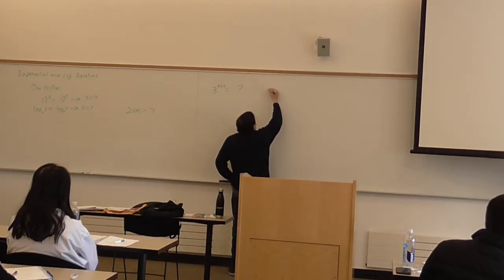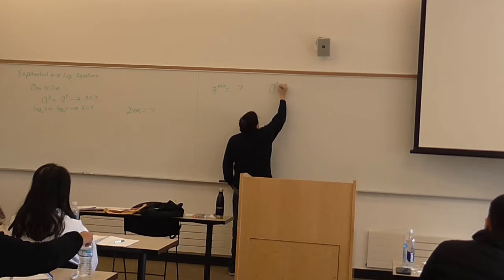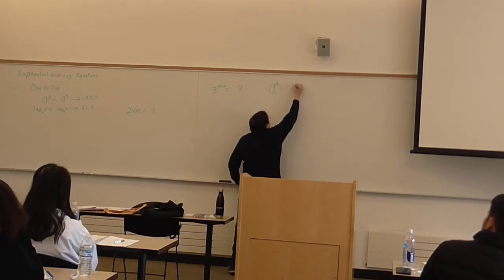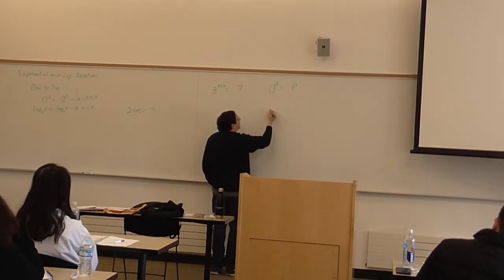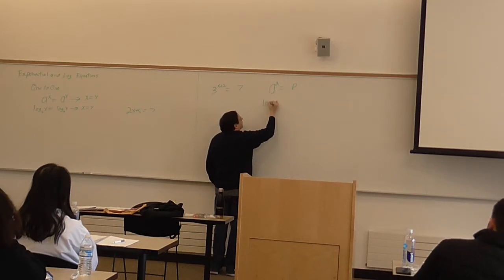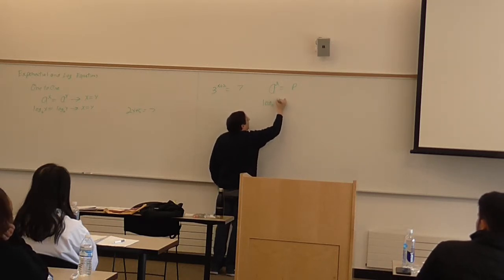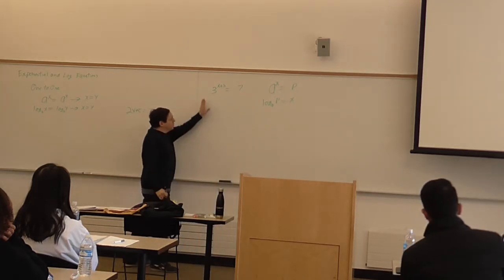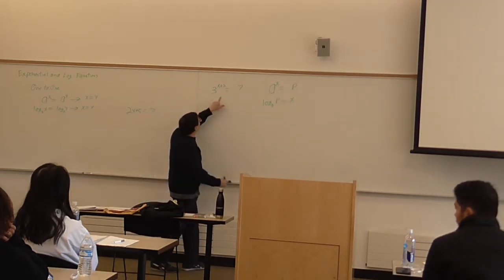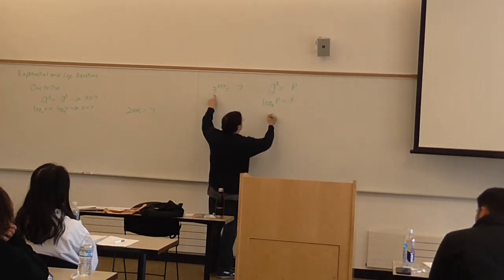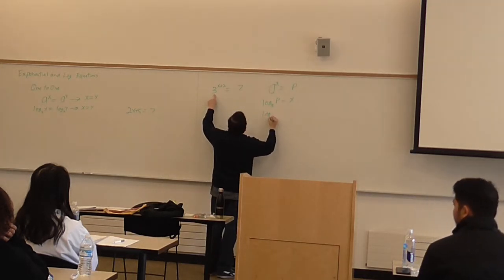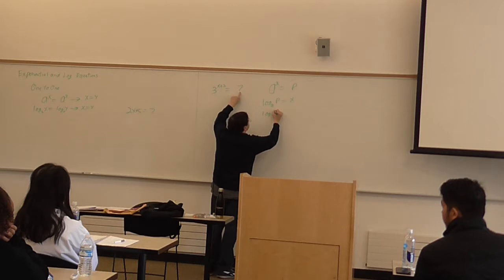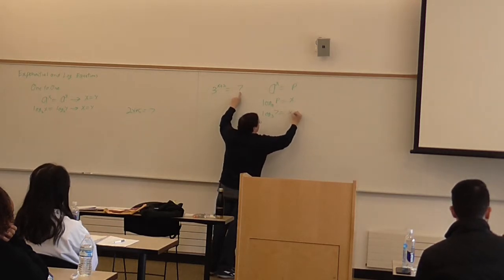One thing we could do is say, look, if I have an expression like a to the x equals p, that's the same as saying log to the base a of p equals x. So I could do that here. What's a? A is 3, so log to the base 3 of p, that's 7, equals x plus 2.